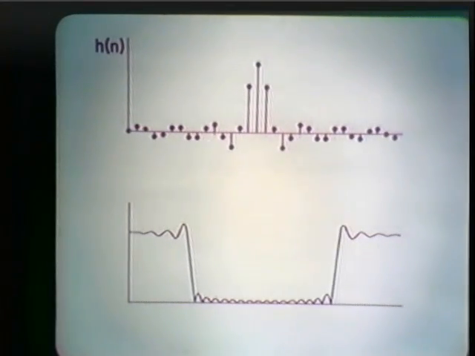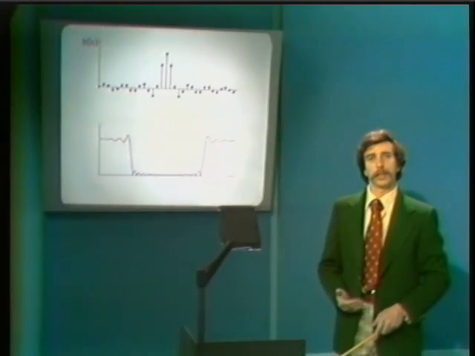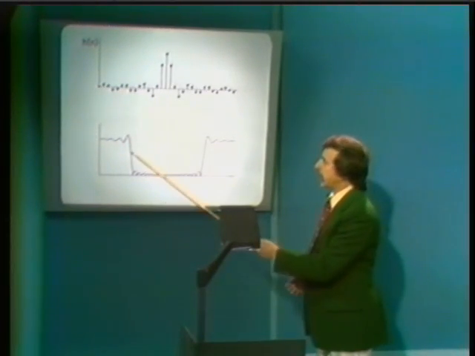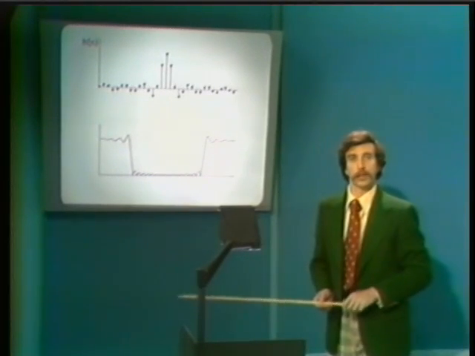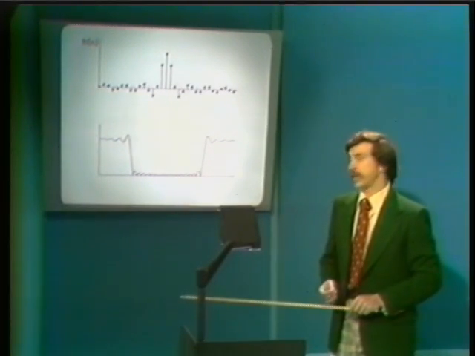But now we could inquire as to whether there is some way of improving the pass band ripple and the stop band ripple. We anticipate that there's a price that we would have to pay for that, and indeed it turns out that the price is widening the transition band.